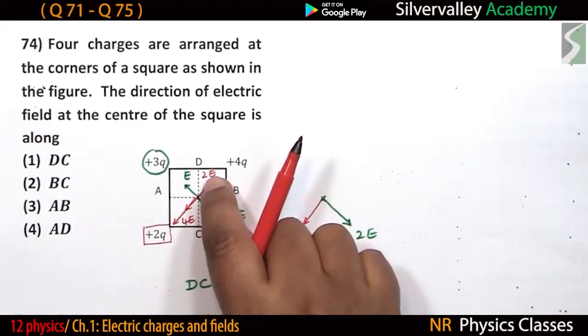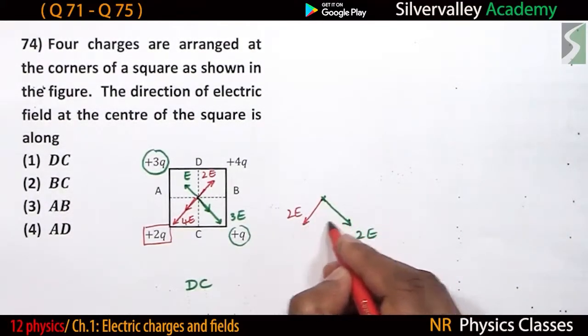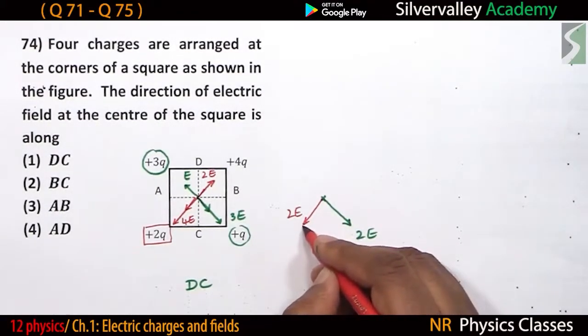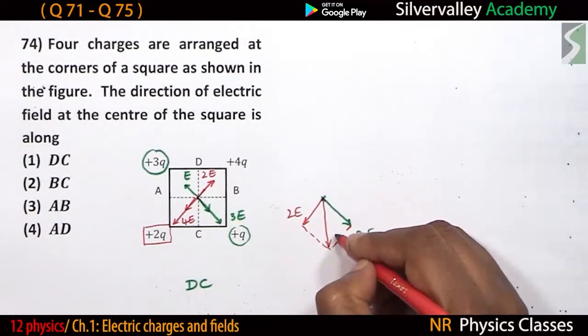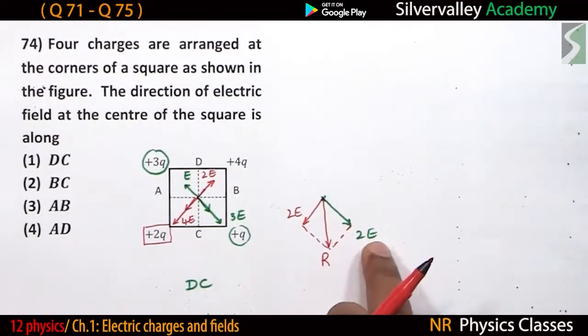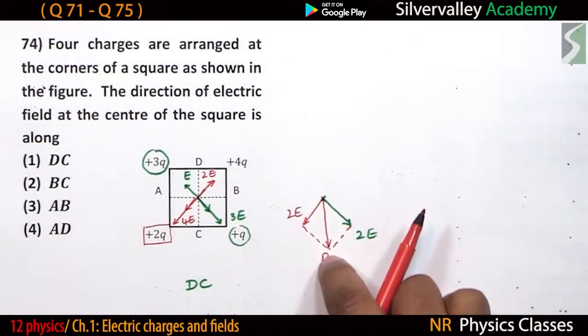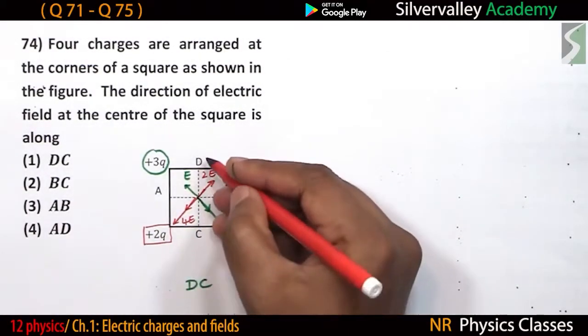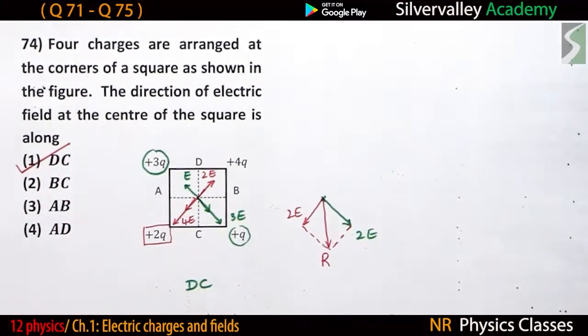And 4E minus 2E is 2E. Now there are two vectors. To find the resultant, complete the parallelogram, draw the diagonal. This is the resultant of 2E and 2E, or the resultant of these four charges, which is in the downward direction. Downward direction is D to C. So along DC.